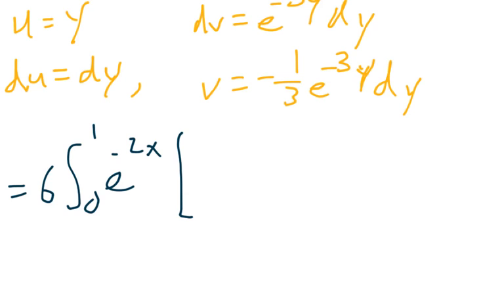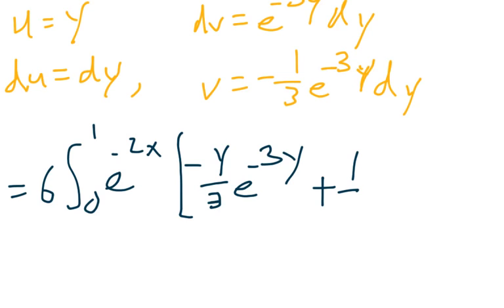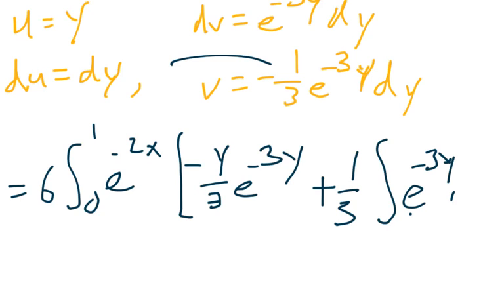And then I have uv, which is minus y over 3 e to the minus 3y minus integral v du, but this is going to become a plus sign in the integral. So then I'm going to have integral minus e to the minus 3y dy. I'm going to do all this from 0 to 1 minus x.